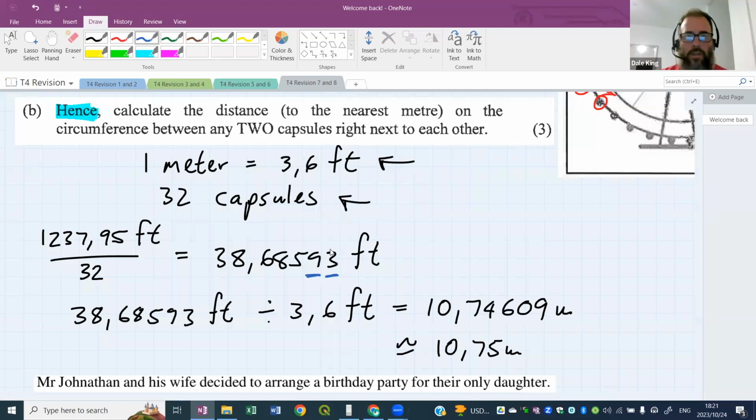If you are a nervous person, and you're very nervous about keeping accuracy and not losing marks, write the whole thing out. But with practice and with experience, I've noticed the fifth decimal will get you there. So you don't have to write the whole thing out, but try write out at least 4 or 5 decimal places to work with.